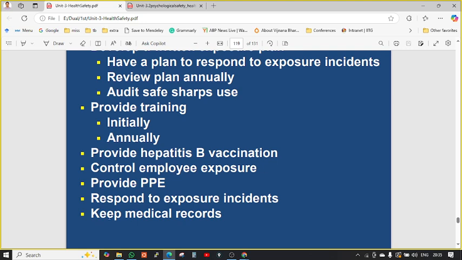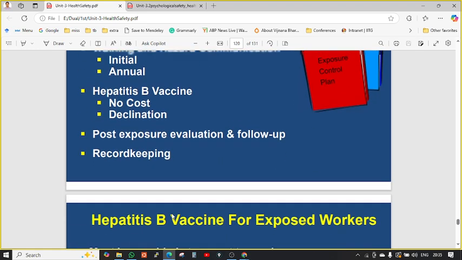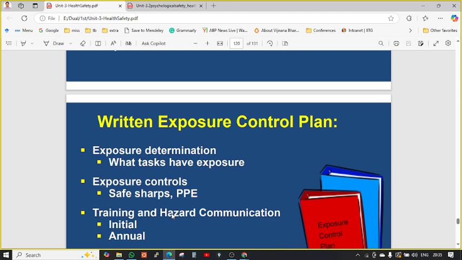Do not be shy to tell whether you are infected or not. Keep medical records, the date of entry, the date of exit, all these things.